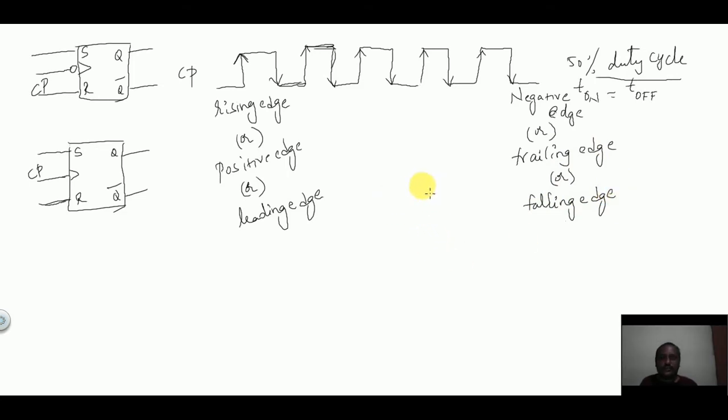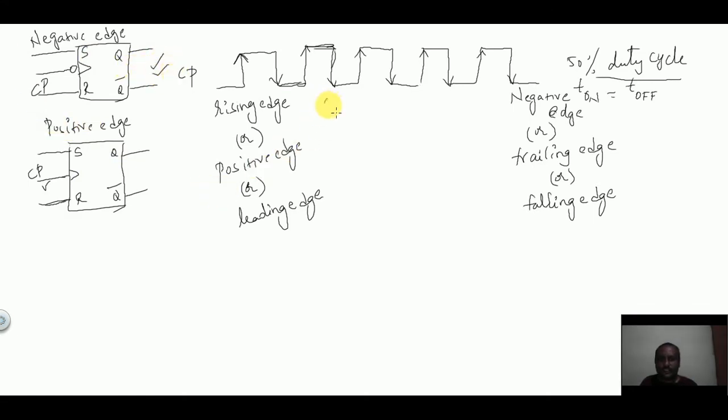So these are the two types of edges you have, and based on that you have the negative edge triggered flip-flop and the positive edge triggered flip-flop. If the clock pulse is positive, it is a positive edge triggered flip-flop. If the clock pulse is negative, having a bubble here, it is called a negative edge triggered flip-flop. So take an example of a negative edge triggered flip-flop.